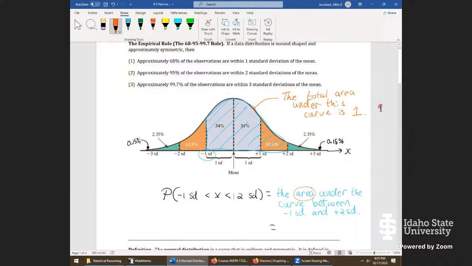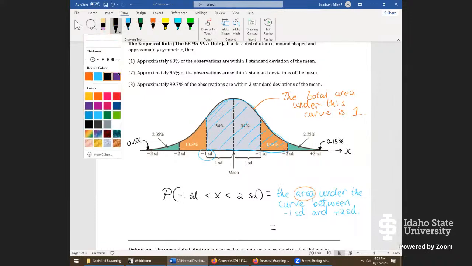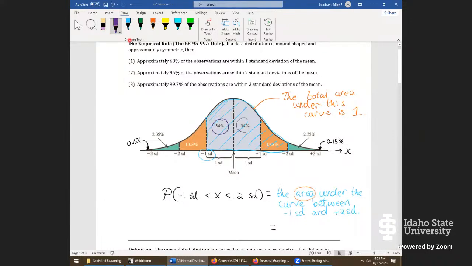If it has an area of exactly 1, then we can just take the percentages that we have highlighted here, convert them to decimals, add them up, and that is the exact correct area. So the work turns into now this. I'm going to take these 3 right here. So it's going to be 0.34 plus 0.34 plus 0.135.